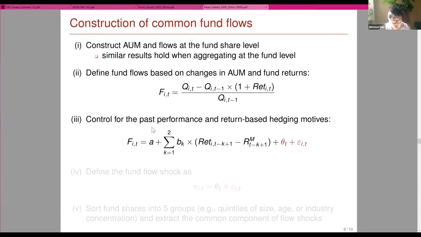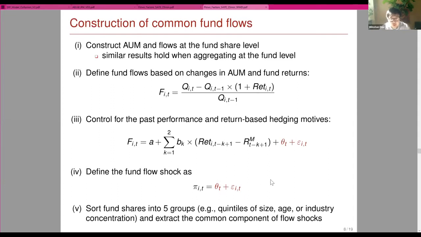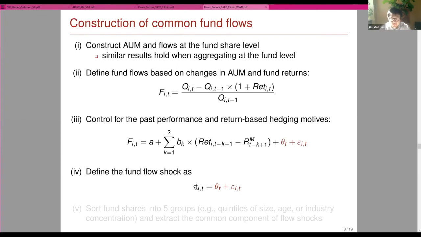Basically, we run a regression. This is the fund flows. We control for the previous period's relative performance and the contemporaneous period's relative performance, and we have this time fixed effect and the residual. We define the fund flow shock as the summation of the time fixed effect and the residual epsilon_it. Given this, at each fund, this i is each fund share level.